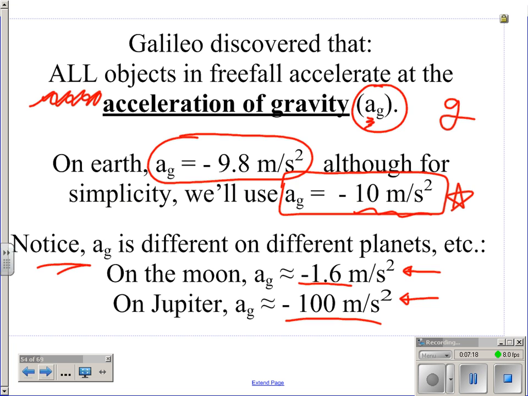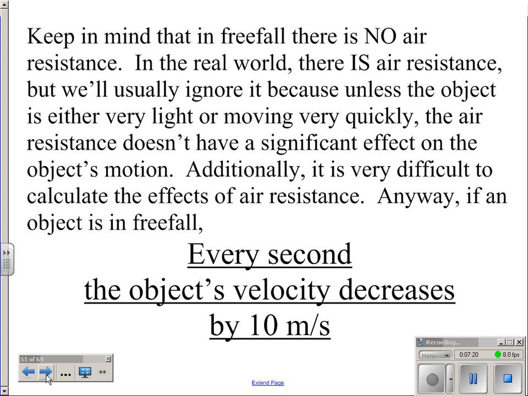Please keep in mind, this is what I just spent a whole bunch of time stumbling over. Keep in mind that in free fall there's no air resistance. In the real world there is air resistance, but we'll usually ignore it because unless the object is either very light or moving very quickly, the air resistance doesn't have a significant effect on the object's motion. Additionally, like I said, it's pretty hard to calculate the effects of air resistance. So in this class, here's the big deal.